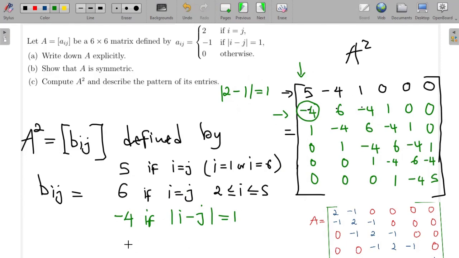And then the other thing that I can see is that I have a 1 if I am 2 steps from the main diagonal. So meaning if I have i minus j, modulus being equal to 2, then I'm just going to get 1 there. So let's try on this element here. It's in the first row, third column, right?